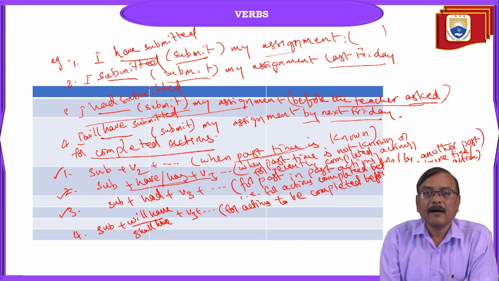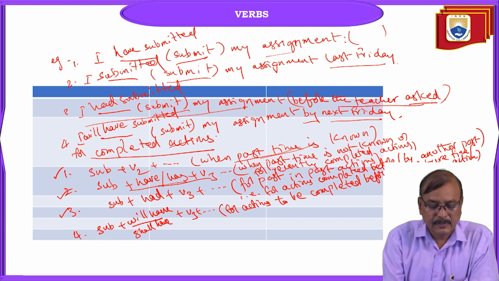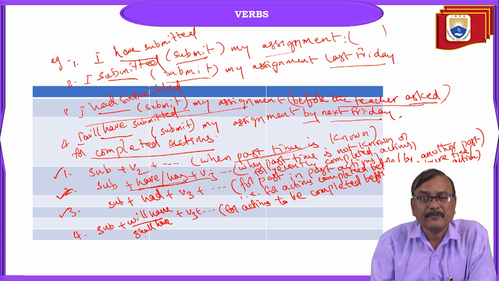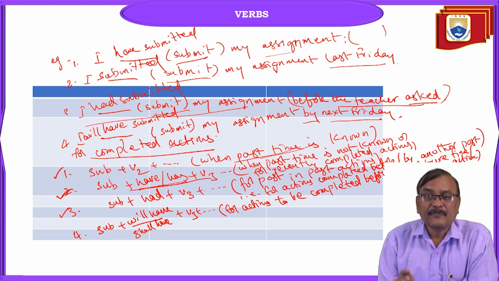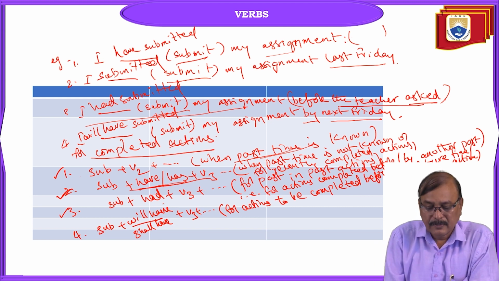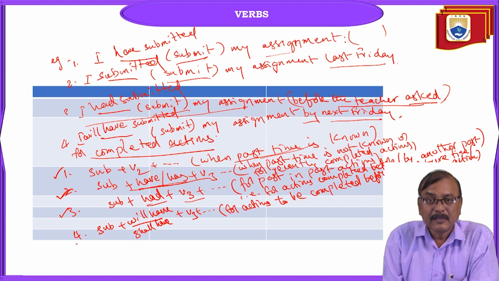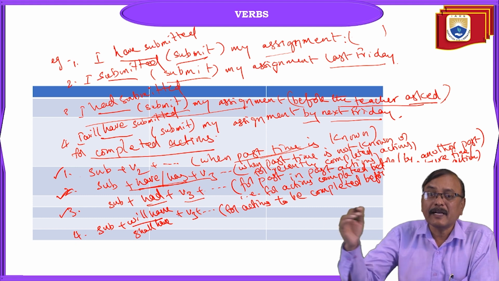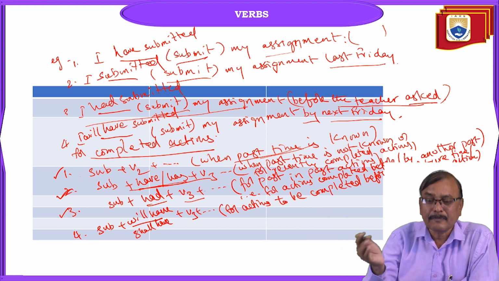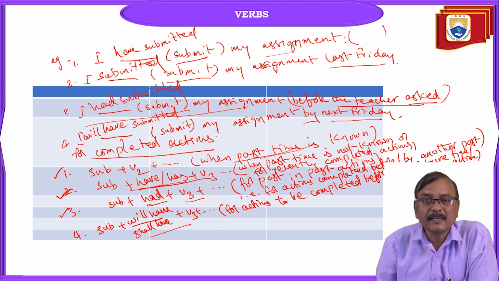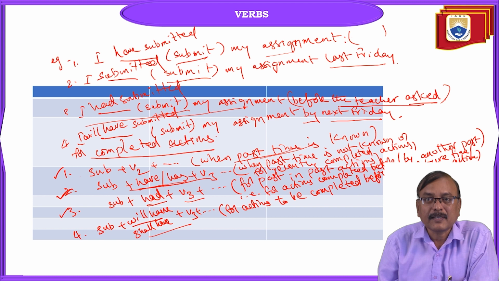Recent actions, or when past time is not known, go with have or has plus V3. This is present perfect. If it is a past in past action, go with had plus V3. And if those are going to be completed before future or by future, go with the future perfect. Is it clear now?